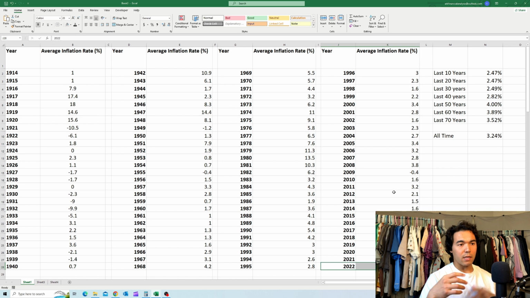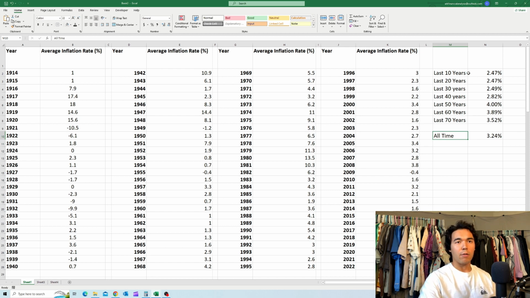Is it 5%? Is it 20%? Is it 1%? So what I did here is take 10, 20, 30, 40, 50, 60, 70, and then all-time years, and calculate what the average inflation rate was for each period.